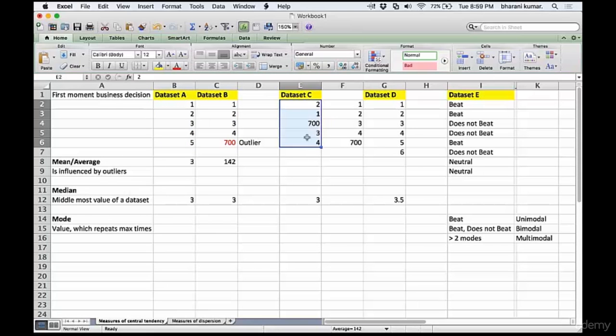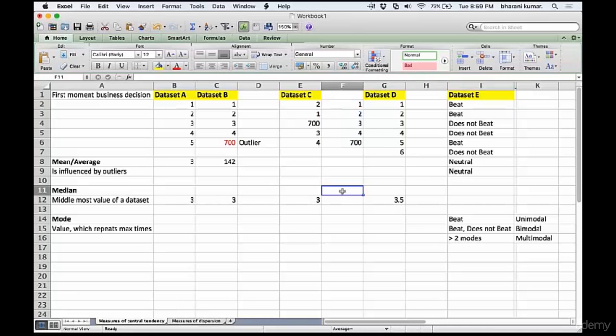So what is going wrong here? You have to first sequence the numbers in an order. 1, 2, 3, 4 and 700. First sort these numbers in a sequence, either in ascending or descending order, and post which you pick the middlemost value, which happens to be 3.